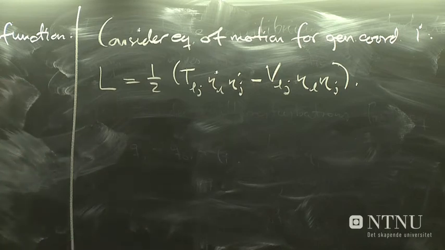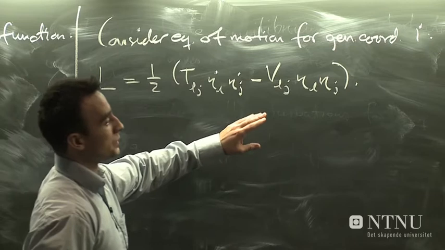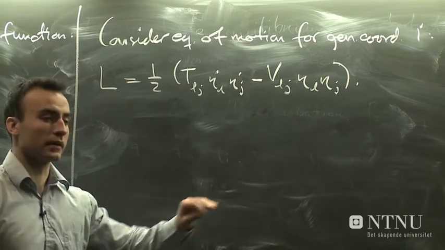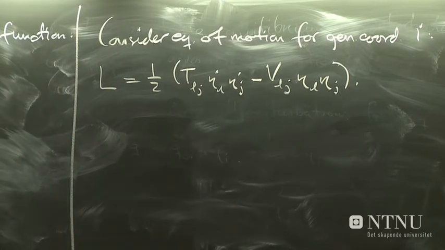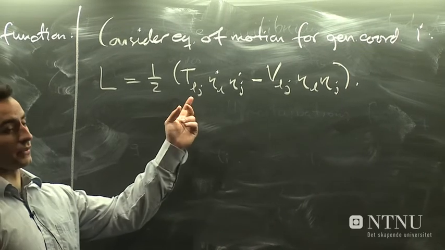So I write the Lagrangian in terms of the indices l and j, since we now want to obtain the equation of motion for coordinate i. So keep in mind that this is a double sum.